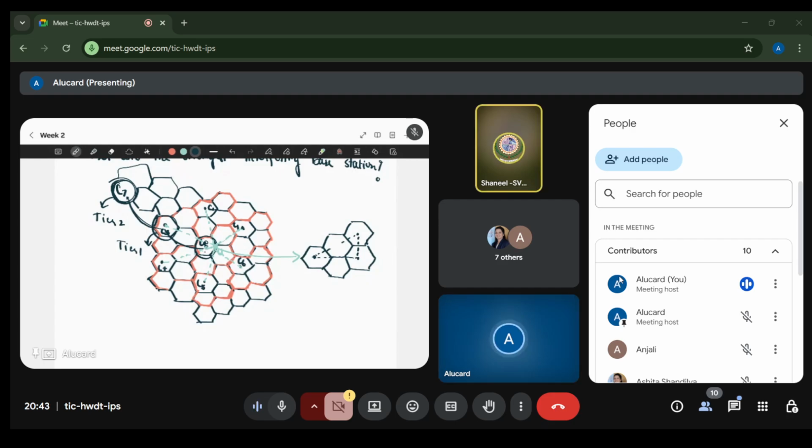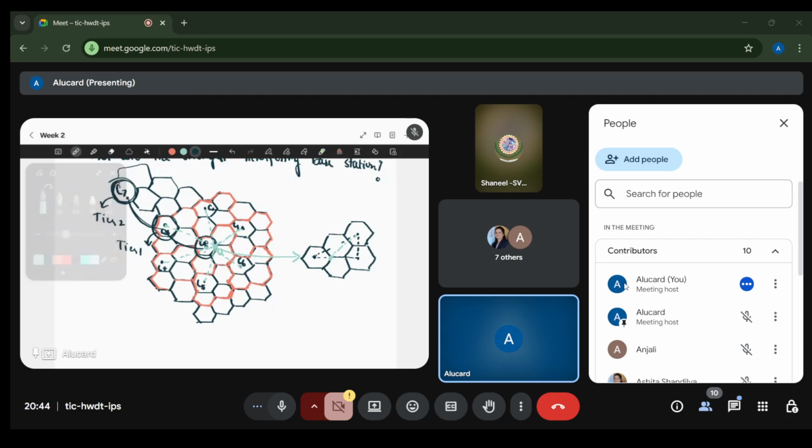So you can find the distance of this point here by writing this point as the origin.